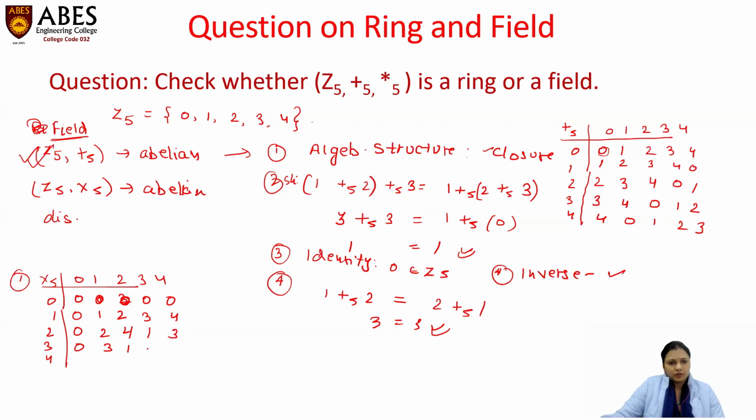When we divide 9 by 5, we get remainder 4. 3 into 4 is 12. We divide it by 5 and get remainder 2.